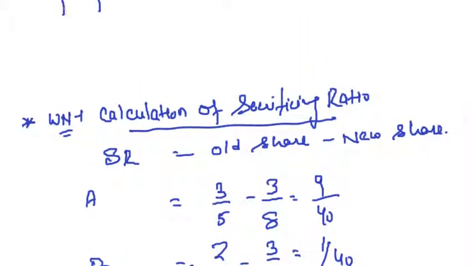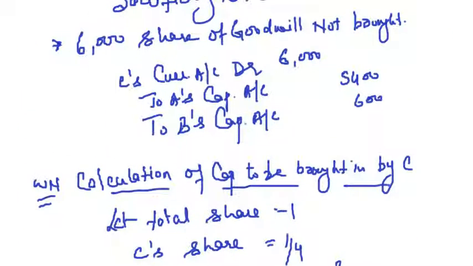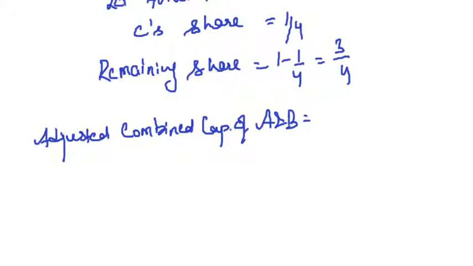Adjusted combined capital of A and B is going to be this 84,400 and 62,600. After all these adjustments, what is the capital of A and B? That is the adjusted combined capital of A and B.